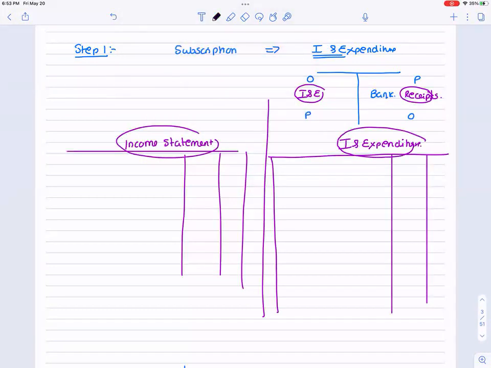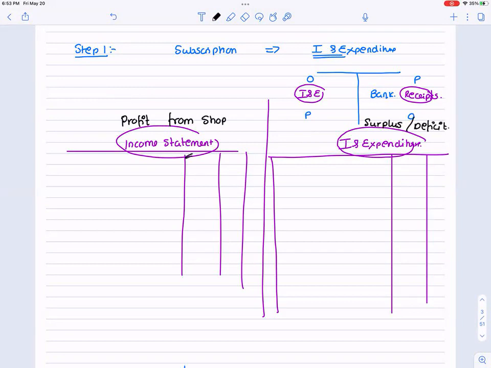Income statement is prepared for what? To find out profit from shop. An income and expenditure account is prepared to find out your surplus or deficit.